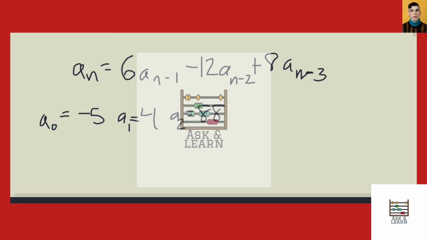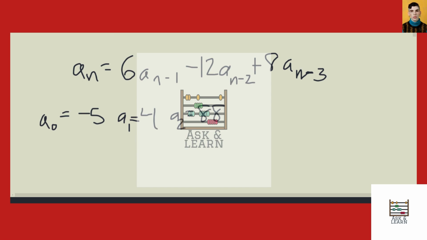We are given a recurrence relation with initial conditions, and we are asked to solve this recurrence relation with these initial conditions. The recurrence relation is a_n equals 6a_{n-1} minus 12a_{n-2} plus 8a_{n-3}, and the initial conditions are a_0 equals negative 5, a_1 equals 4, and a_2 equals 88.